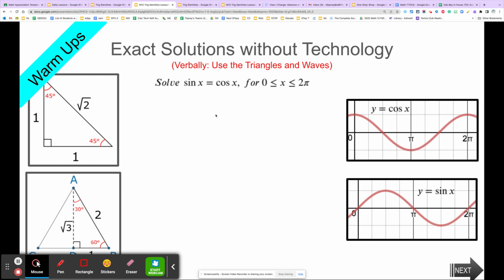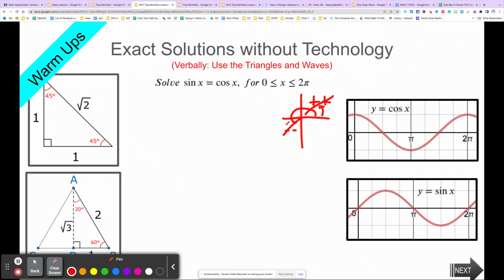So the sine and cosine would be the same. So I know that the reference angle here would be 45. And I also know that sine and cos are both positive here, and they're both negative here, which means there's going to be one angle here at 45, and the other one's going to be here with a reference angle of 45. So it's going to be 45 and 225, or pi over 4 and 5 pi over 4.